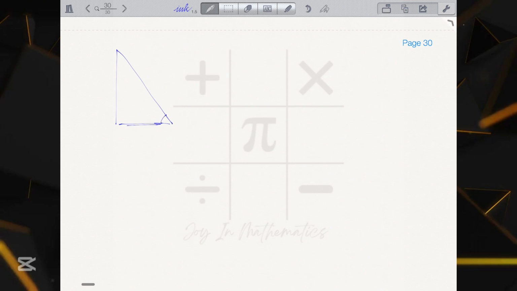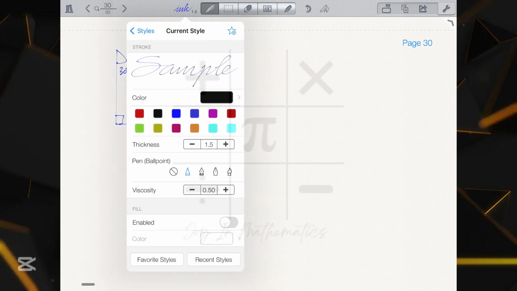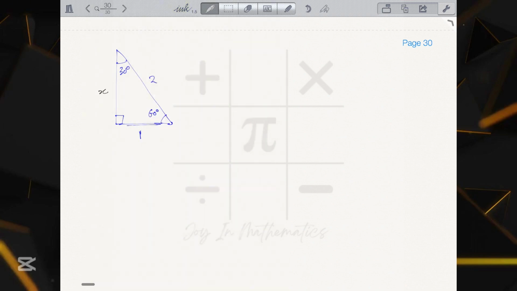We have 60 degrees, 30 degrees, 2, 1, and it is right angled. Now, how do we go about this? We have a missing length. Let's call this missing length x.